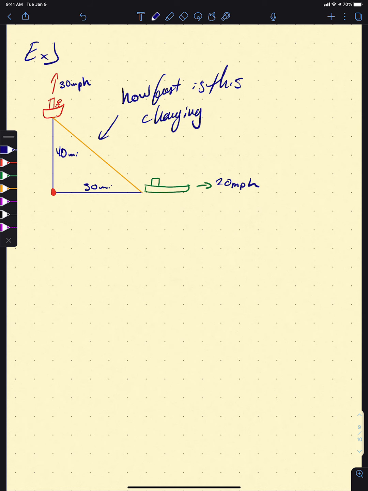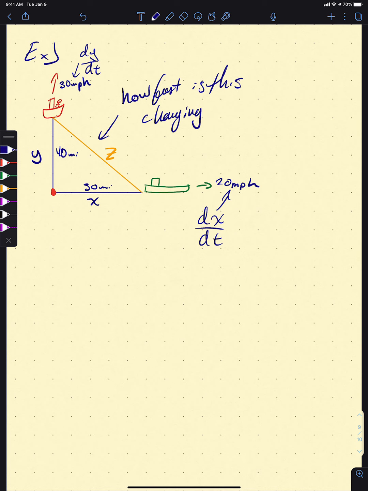Let's put some labels on this. Maybe we label this side of the triangle X, this side of the triangle Y, and then, naturally, make the hypotenuse Z. But here's the crucial thing to notice here. 20 miles an hour, that's the rate that X is changing with respect to time. 30 miles an hour, that's dy dt.